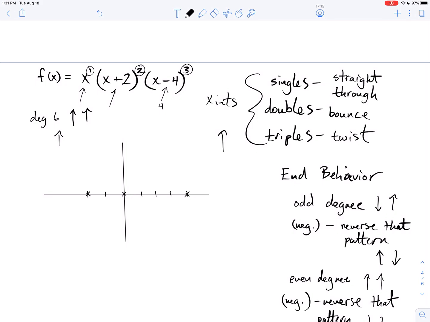It's going to resemble a third power, or a cubic graph. Remember, our parent function for third power is a twisting function, so it's going to twist through that location.